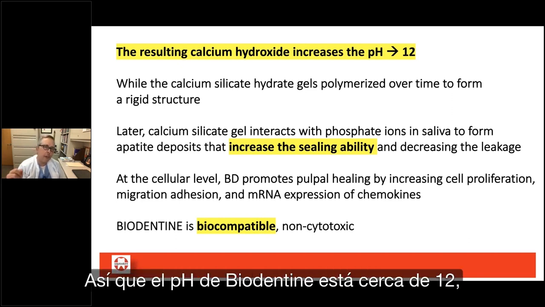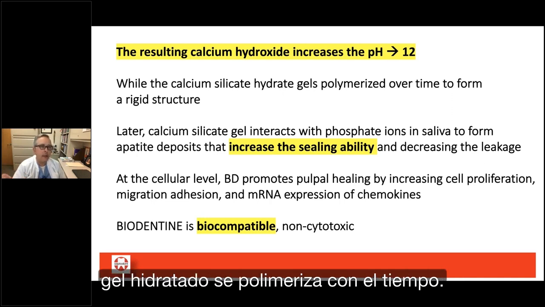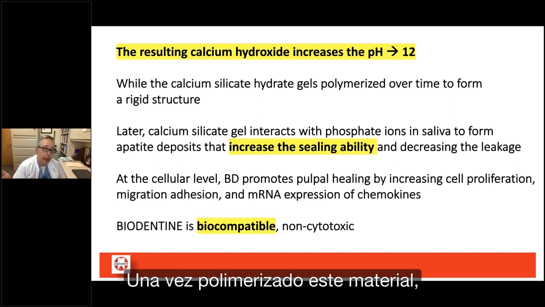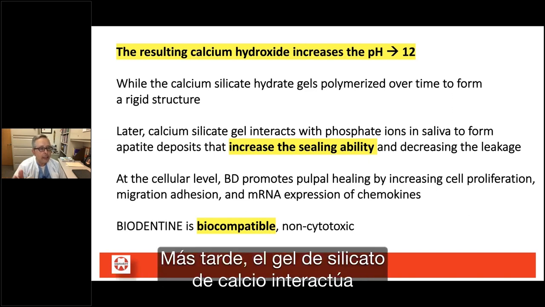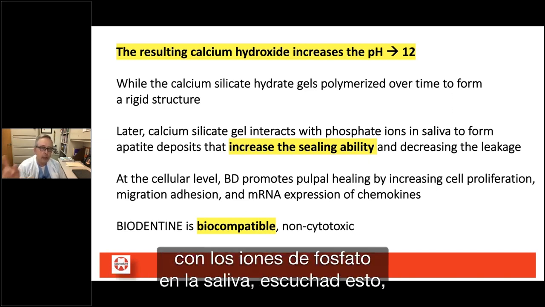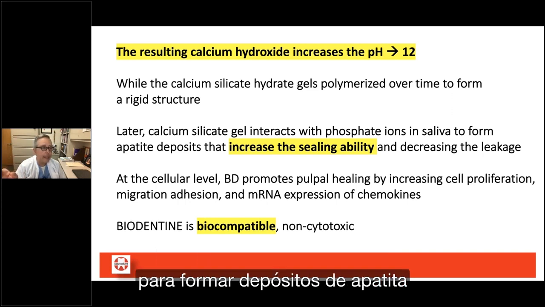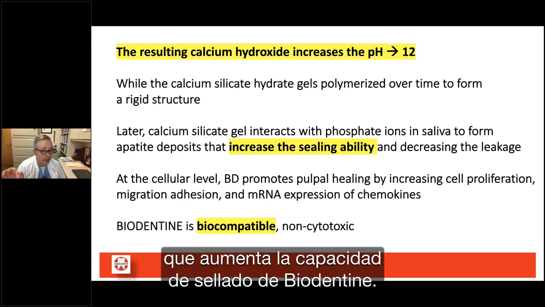So the pH of Biodentine is close to 12, while the calcium silicate hydrogel polymerizes over time. Once this material is polymerized, it forms a very rigid structure. Later, the calcium silicate gel interacts with the phosphate ions in the saliva, listen to this, to form apatite deposits that increase the sealing ability of Biodentine.